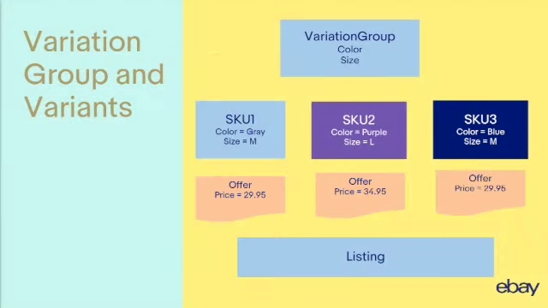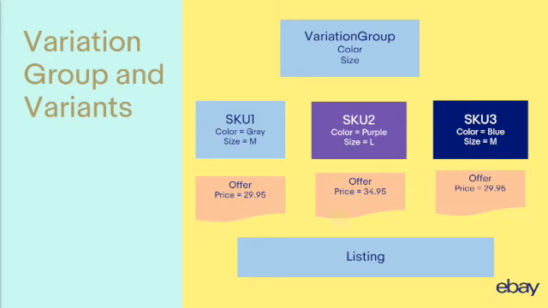A little more detail about the variation group and what the entities are. In this example, I have 3 SKUs. One is a gray shirt in medium, another is a purple in large, and a blue in medium. So these are 3 different SKUs. You handle them as if they are regular SKUs. The relationship between them is modeled as a variation group. The variation group has information on how each of these SKUs vary.